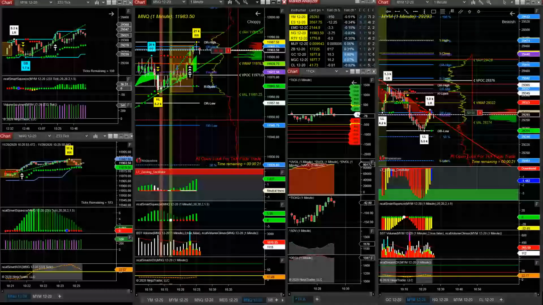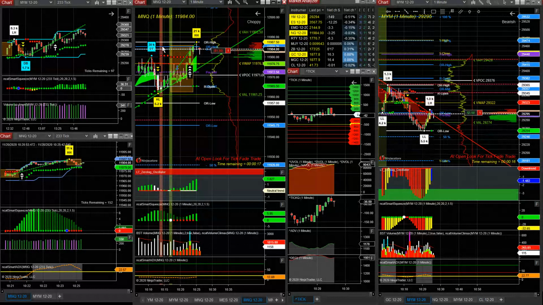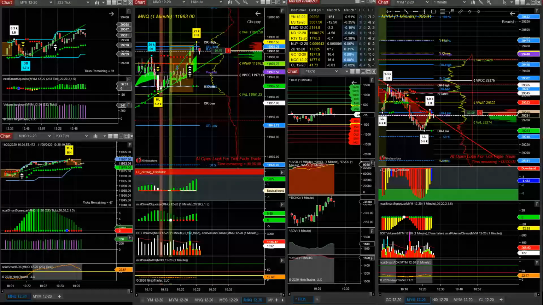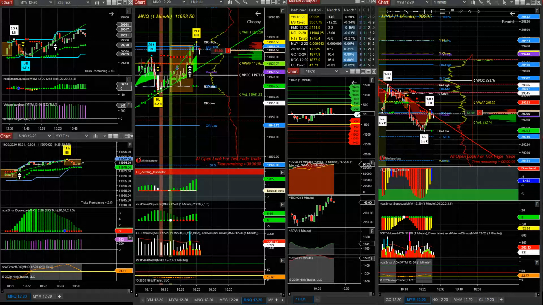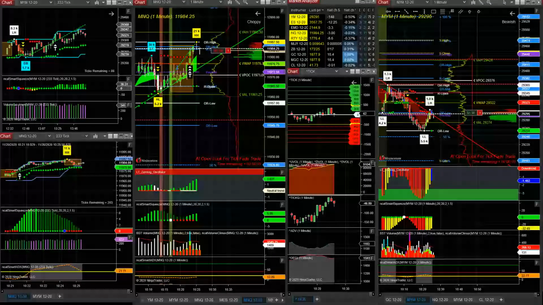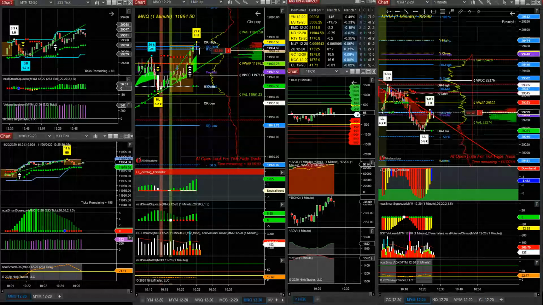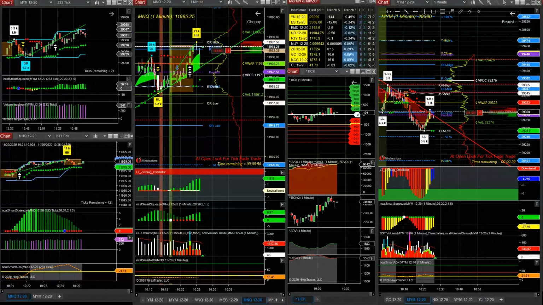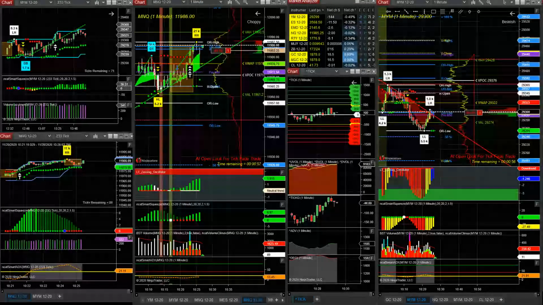Let's see if we could get in this trade before 10:30 pivot. But he could come back here or come back here. Short VWAP. He's getting absence of sellers here, so he could pop up also. See, here we go.